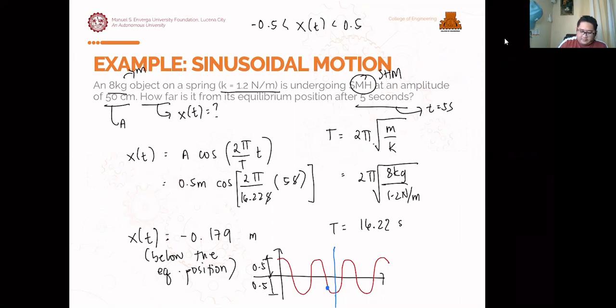Kasi ang maximum value natin is negative 0.5 tsaka 0.5 lang, no? Kaya since nakuha nating value is negative 0.179, tama yung answer natin na within siya dun sa limit natin na negative 0.5 and 0.5 or dun sa maximum amplitude natin or sa maximum displacement which is yung amplitude natin. Okay?